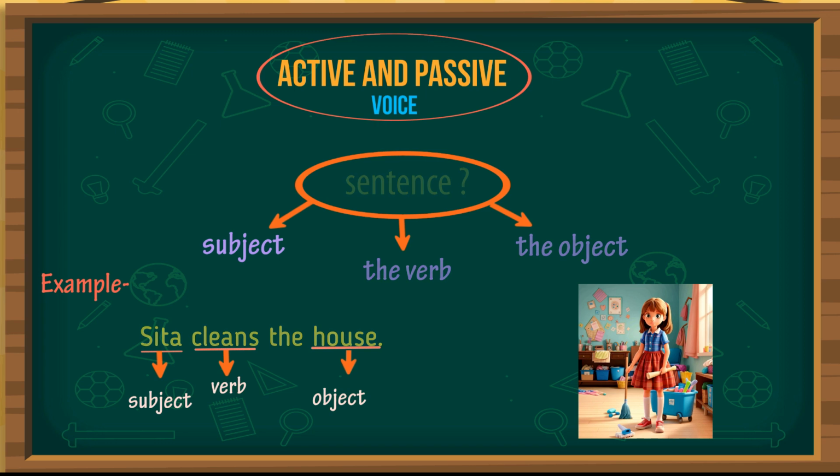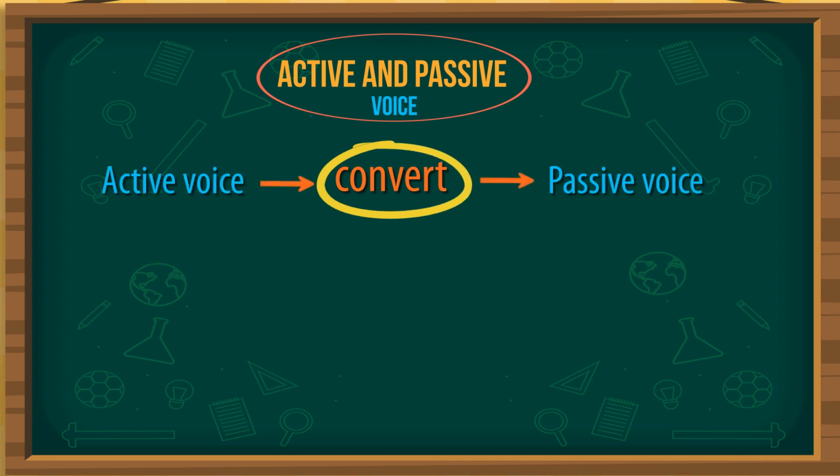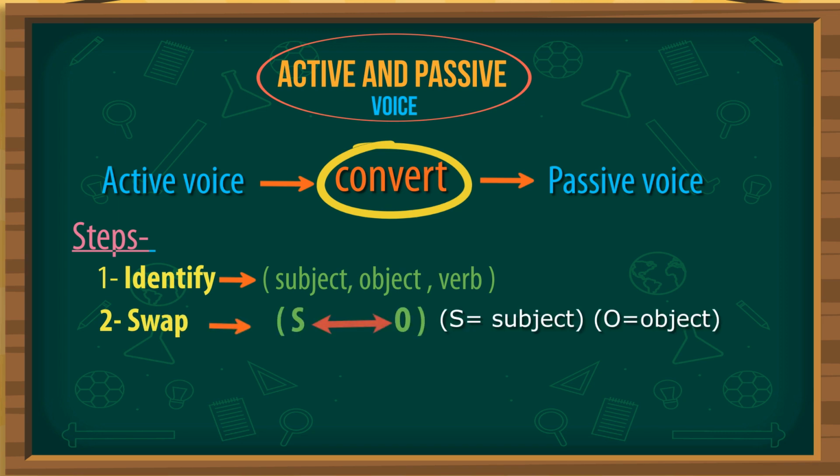Remember it carefully. So now, in active and passive voice, basically we need to convert active voice into passive voice, and there are basically 5 simple steps in converting active voice to passive voice. Let's go through them one by one. First, identify the subject, object, and main verb in any sentence. Second, swap the subject with the object and the object with the subject.